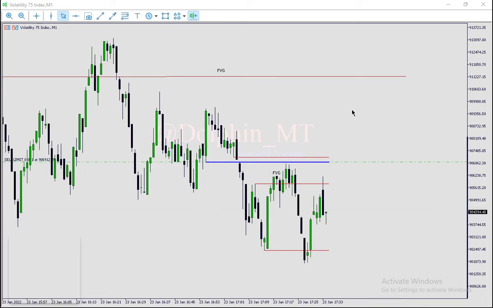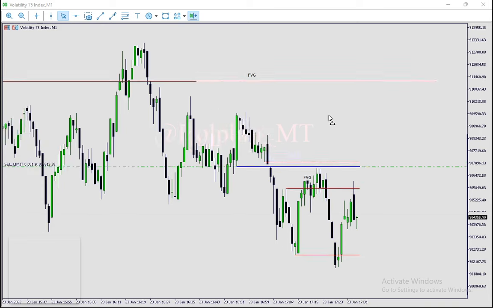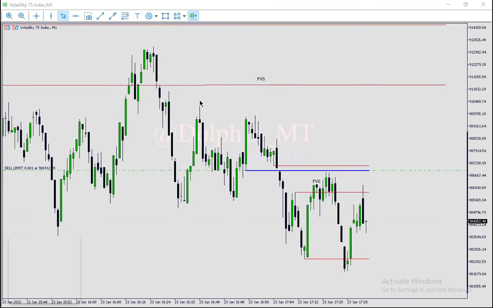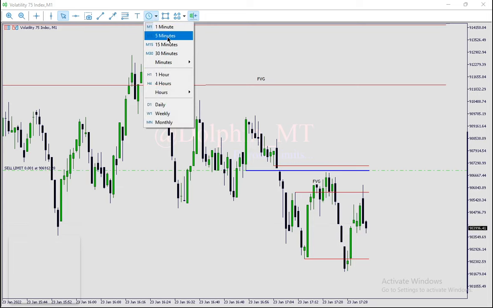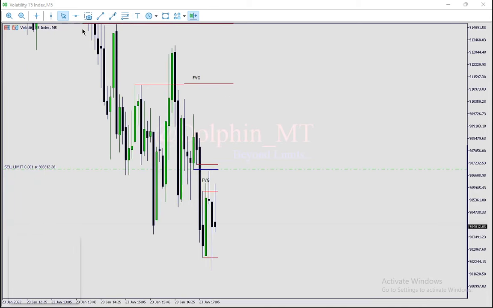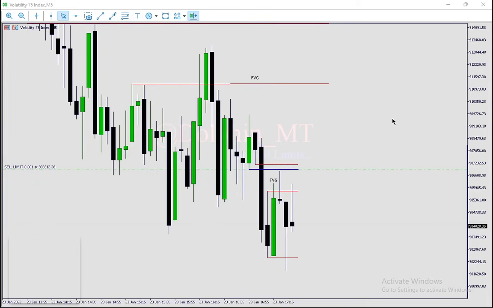Now the reason why I should not allow price to break this high is because above this high there is a buy stop, buy side liquidity, and kind of a fair value gap around there. So I should not be allowing price to come back and cross above this high. So that's it.